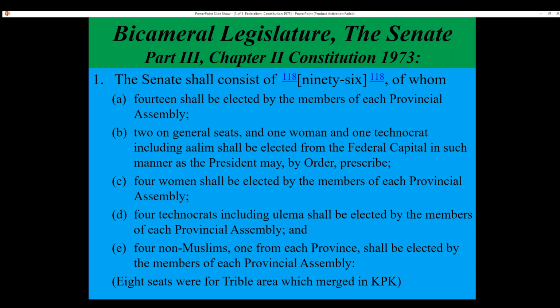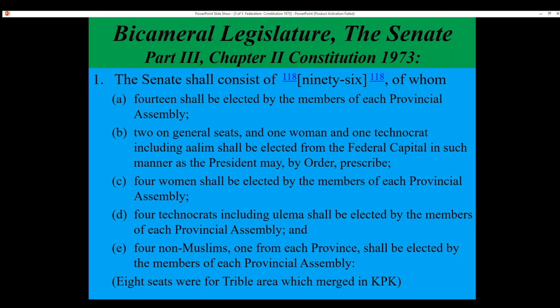The Senate shall consist of: subclause A, 14 shall be elected by the members of each provincial assembly.